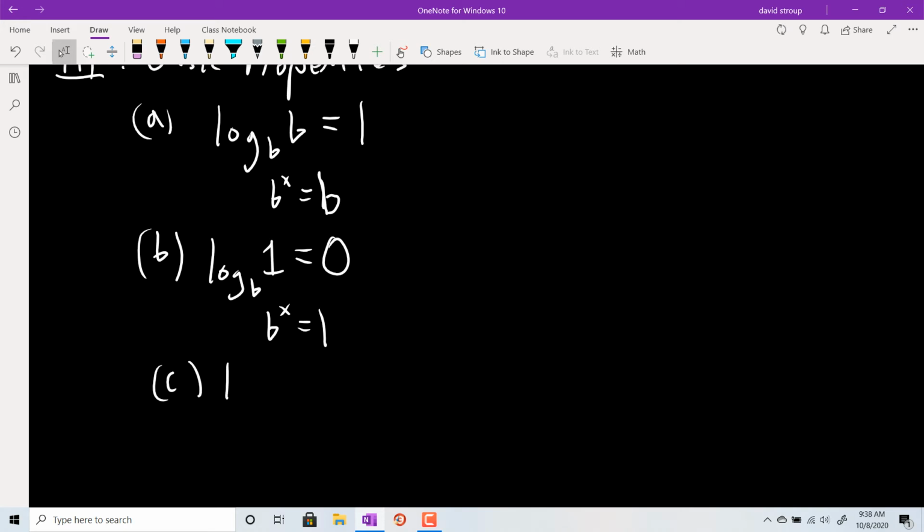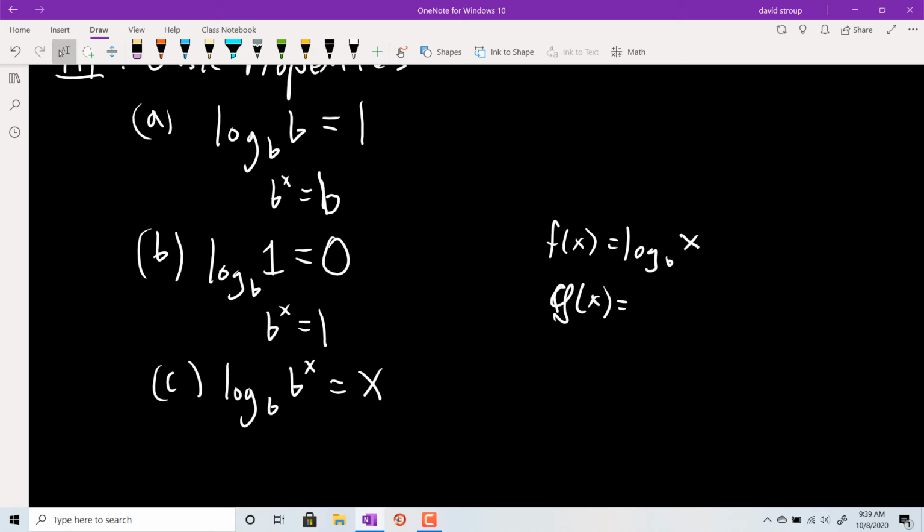Another one, log base b of b to the x, that just equals x. And this is the cancellation equation. So basically you're dealing with two inverse functions. One function is f of x equals log base b of x, and the other, g of x, is b to the x. So if you go f of g of x, you have log base b of b to the x.